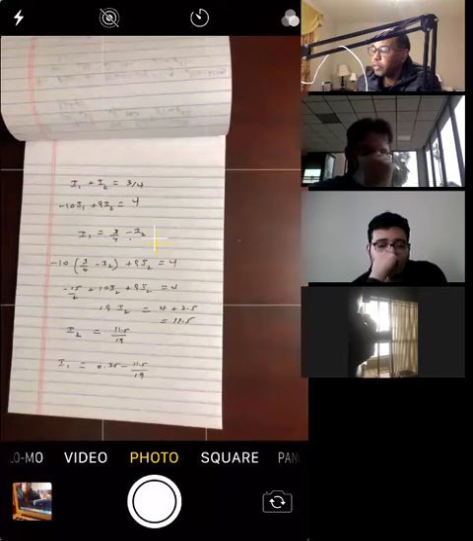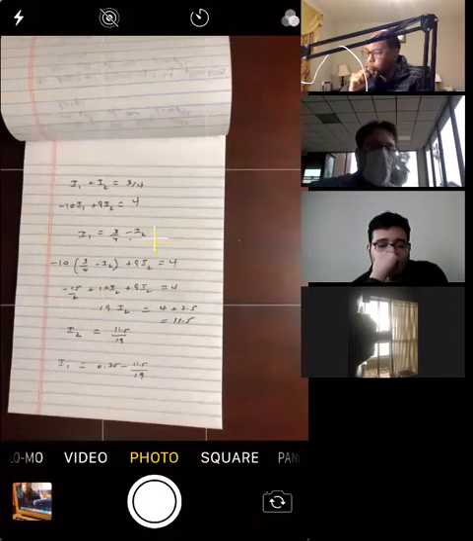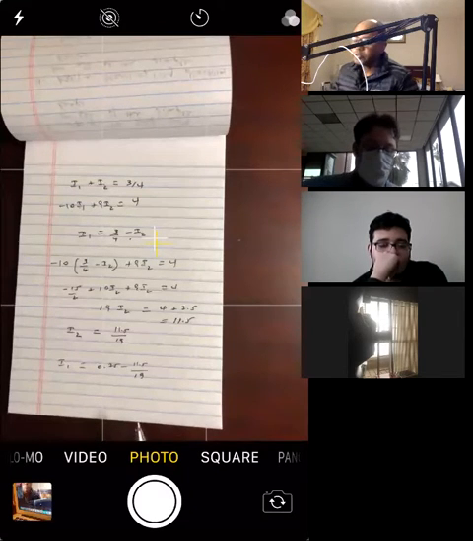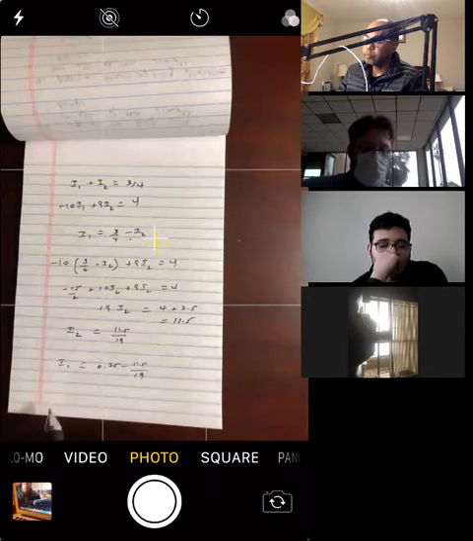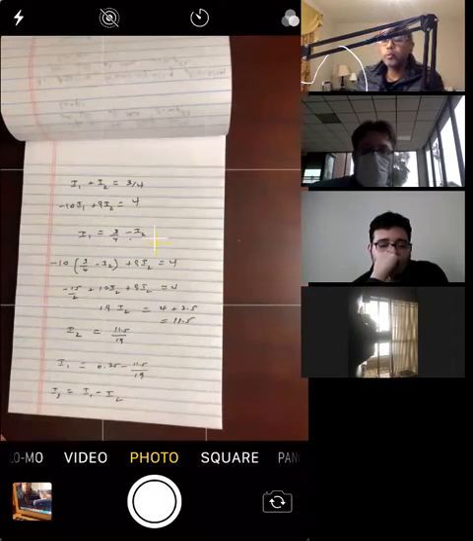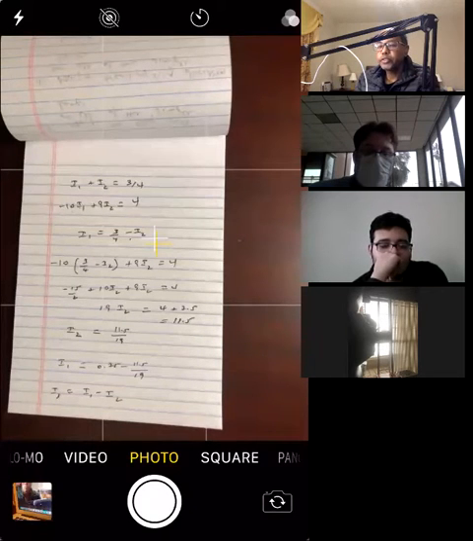It looks like that's positive too, so I1 is in the same direction, and then you calculate I3 from I1 minus I2. That completes the problem. So if your answer is positive, your assumed direction is correct. If your answer is negative, your assumed direction is wrong, and you reverse it.